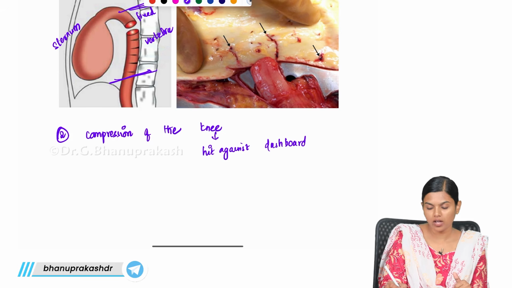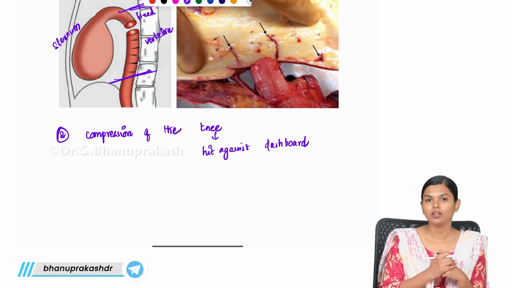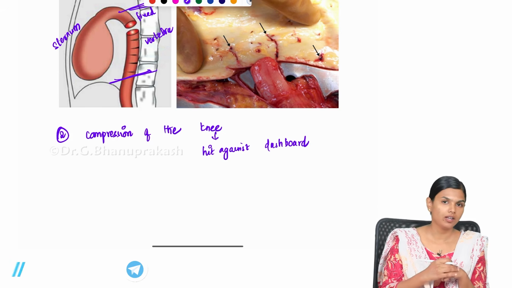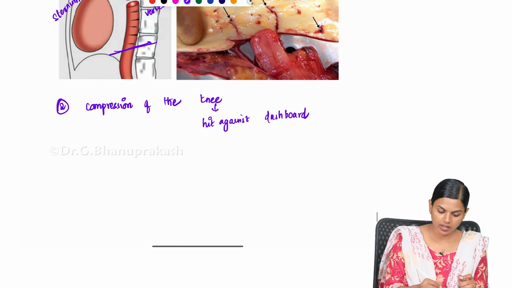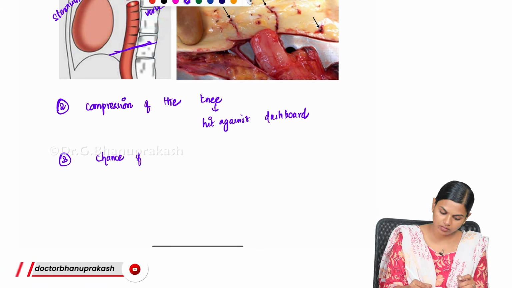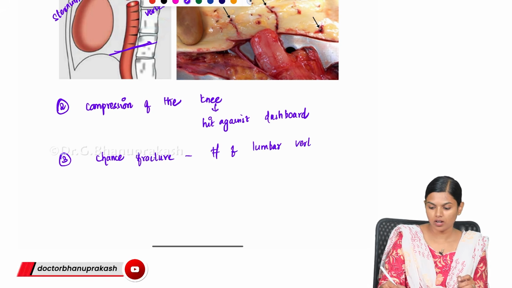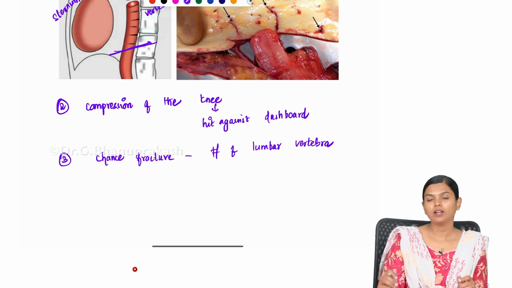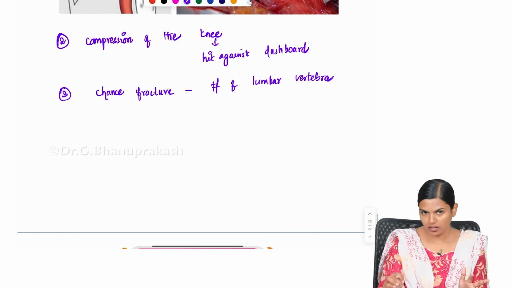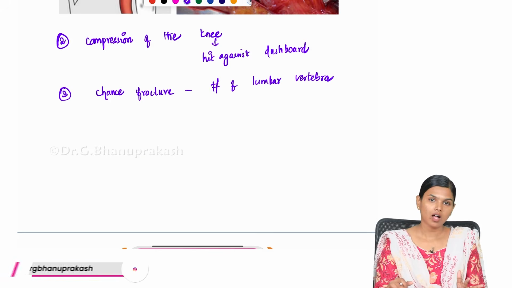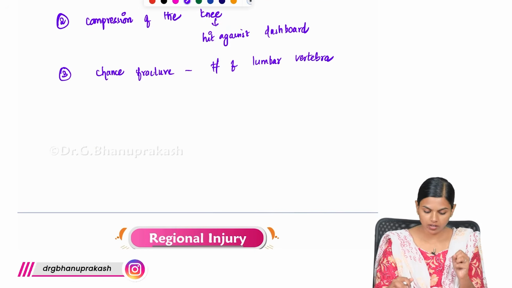This can also happen, and it will lead to fracture of the knee bone, the patella. And next you can see chance fracture, which is fracture of the lumbar vertebra. These are the things that you can commonly see in car occupants, the occupants of the vehicle.